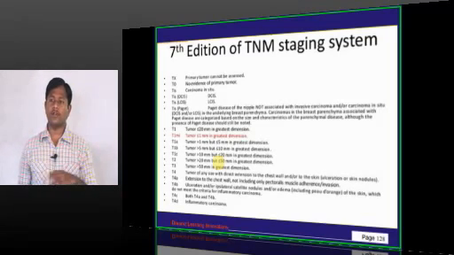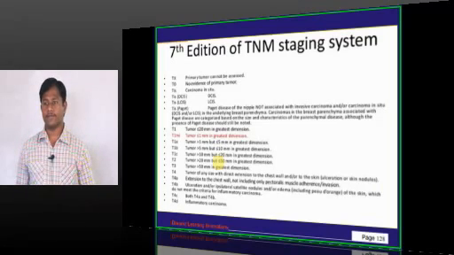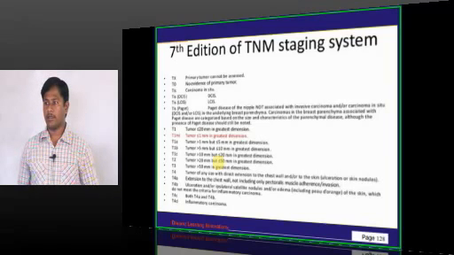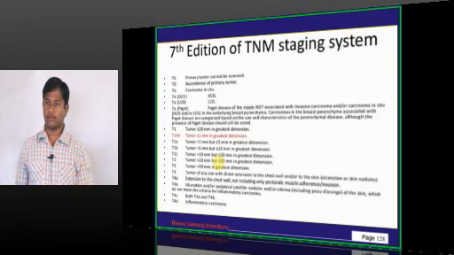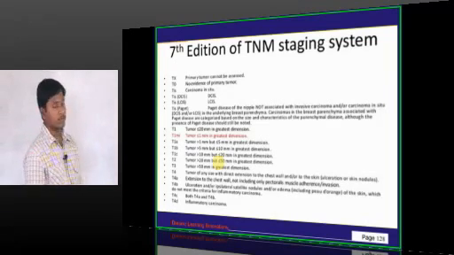Which of the following is not included in T4b? Skin nodules, ulceration, erythema, peau d'orange appearance.